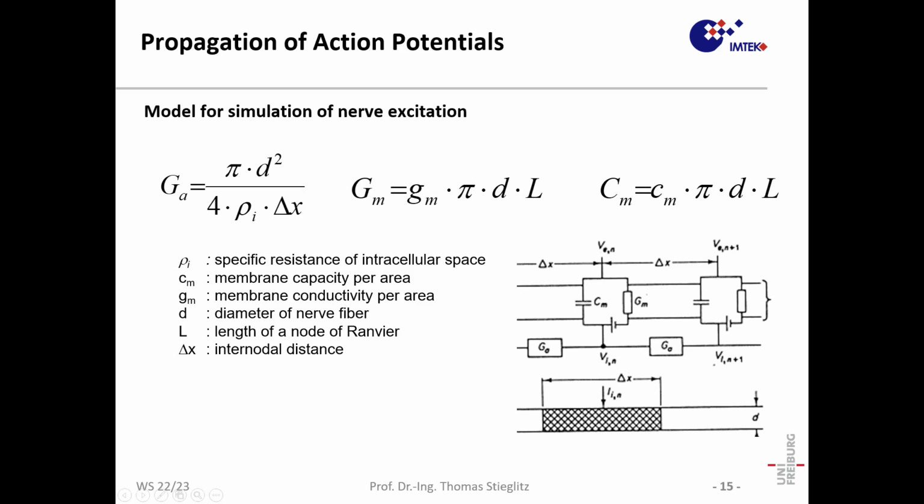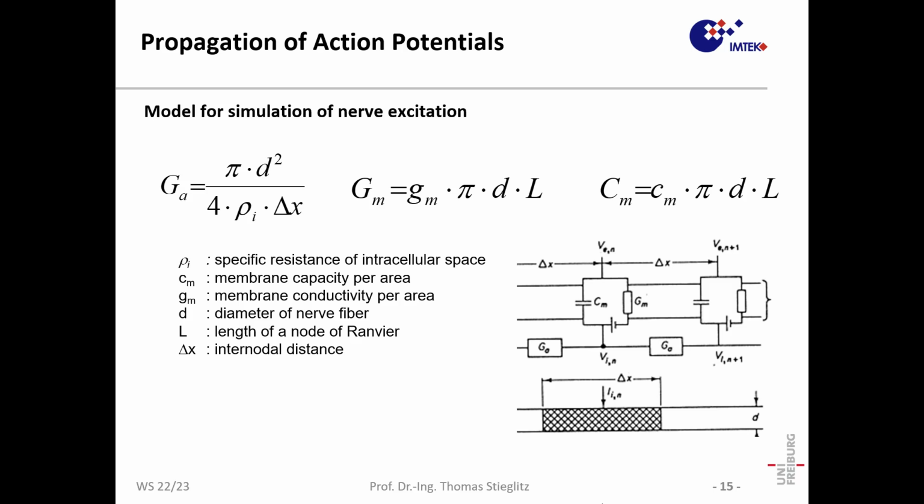What is important is to get an idea how you derive those equivalent circuit parameters from reality, or how they are linked. You don't have to go with a ruler to the nerve and measure things, but if you get an idea, it helps us later on to understand the laws and the processes that take place during electrical stimulation.